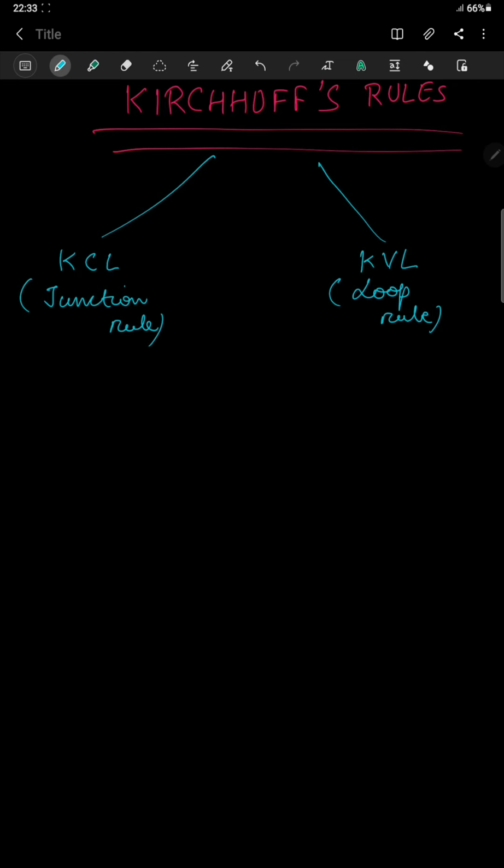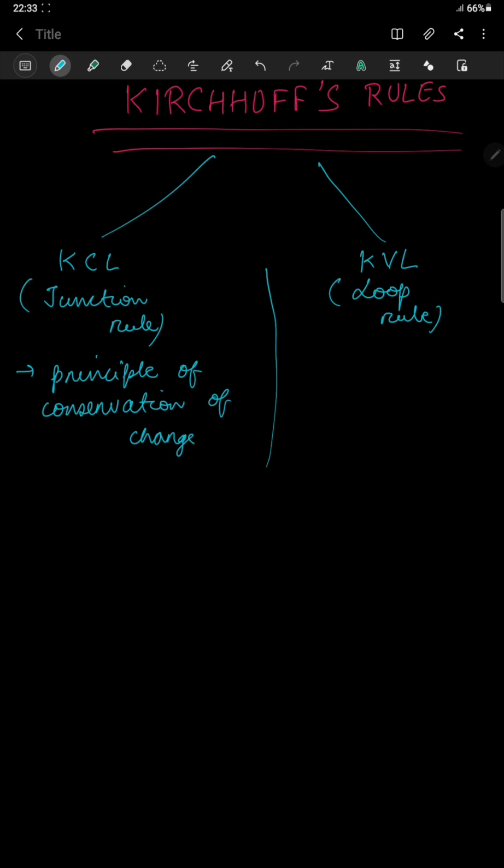Kirchhoff's current law obeys the principle of conservation of charge, whereas KVL obeys the principle of conservation of energy.